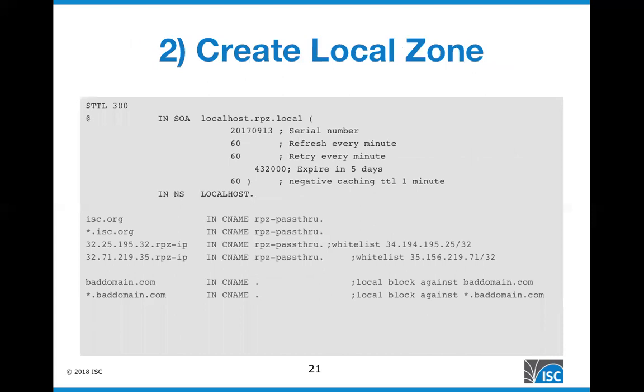The next thing that you're going to want to do after you've done your logging is set up your local zone. What you want to do with this local zone is set your own policy. You would put things in here because even though the feeds that you're getting are high quality, there may be the possibility that a mistake may happen at some point, in some form or fashion.